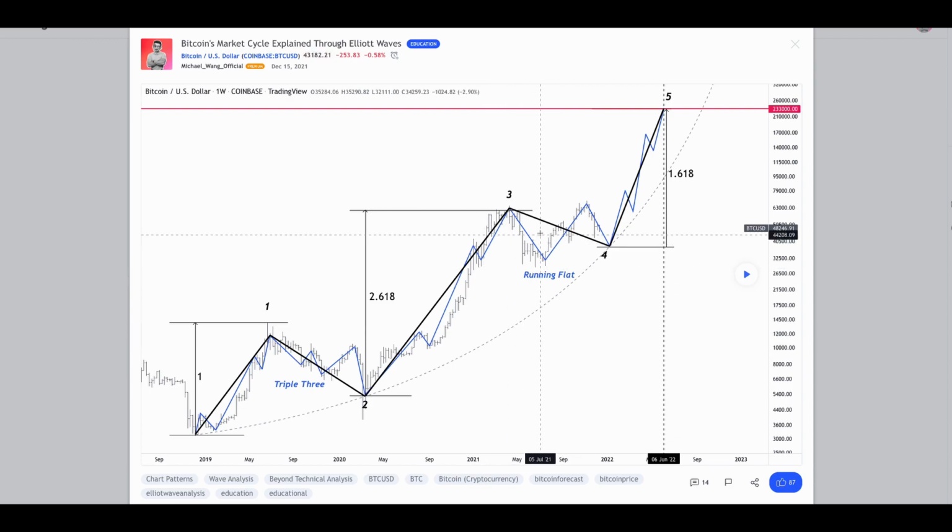So unless we dump below 28.5K, which would validate the running flat pattern, essentially what we would be seeing in that case would be 1, 2, 3, 4, 5, and the end of the market cycle that had already formed at the 69K level before we even realized that the market cycle was over.